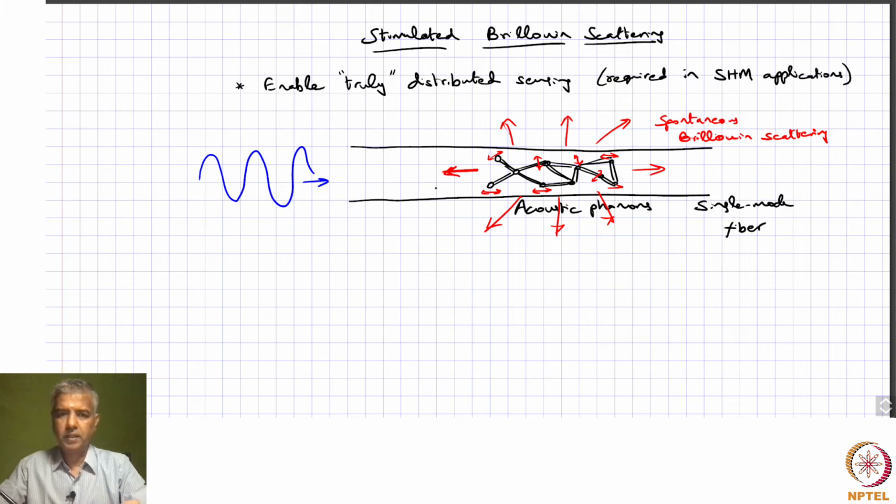Whenever we are looking at backscattered light, it's collected over a cone of angles corresponding to the numerical aperture of the fiber, but nevertheless part of the light that's scattered in the backward direction is collected.